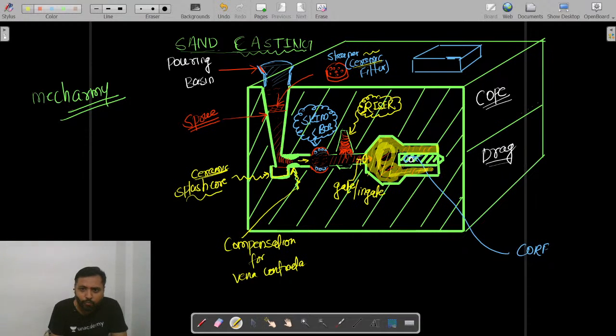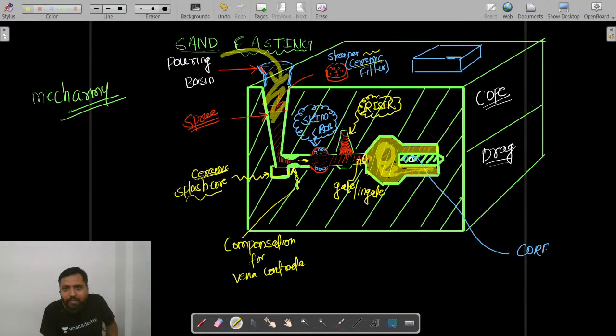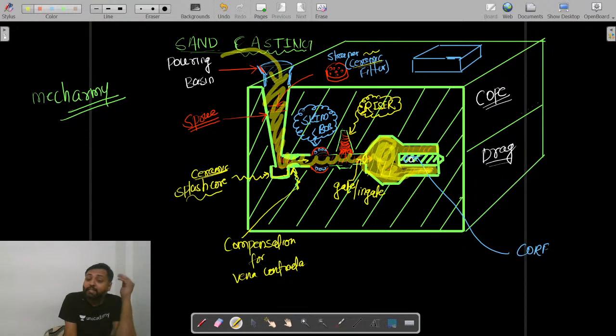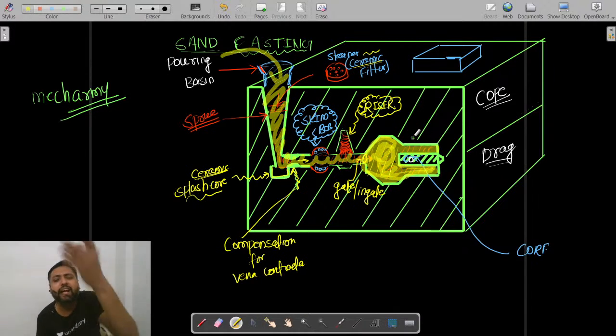Initially the temperature of the molten metal will be too high, even higher than the melting temperature, because the molten metal has to be poured from here, travel through these cavities, reach here, and then fill this cavity. It is going to take time. So if you simply melt the metal, keep it at Tm, the melting temperature, and pour it, what will happen?